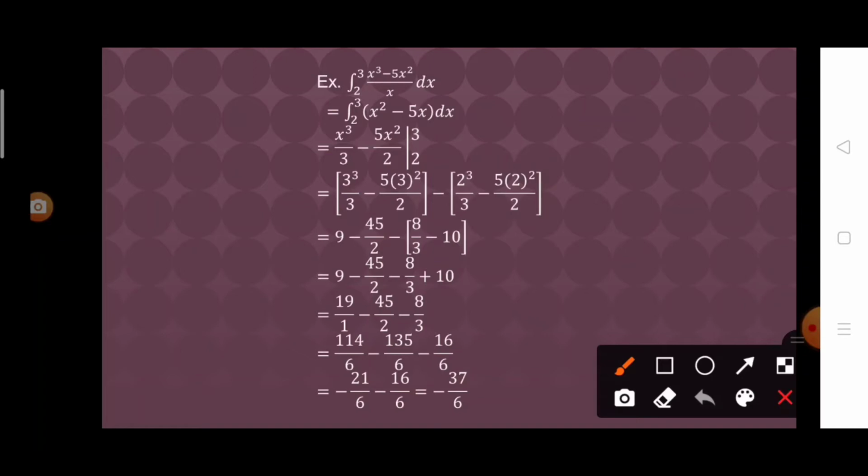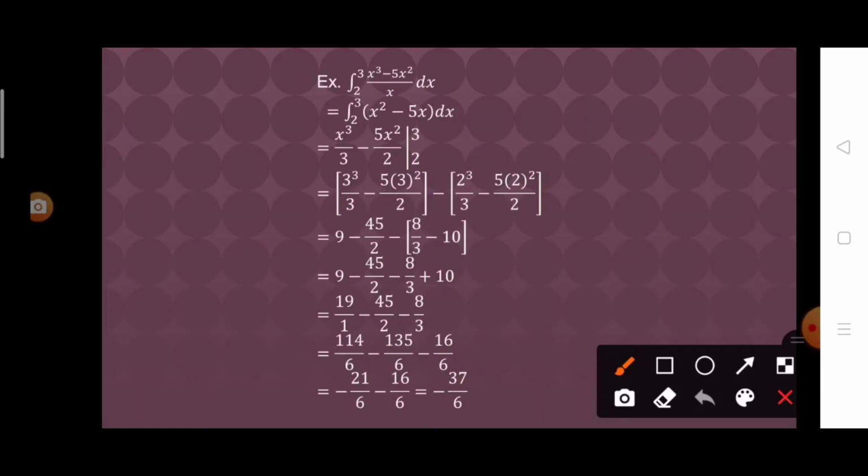So 3 cubed, 27 divided by 3 is 9. Minus 5 times 3 squared is 45 over 2, minus 2 cubed is 8 over 3, minus 5 times 2 squared over 2 is 10.